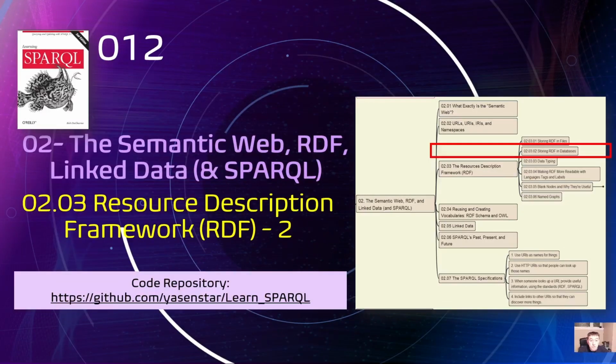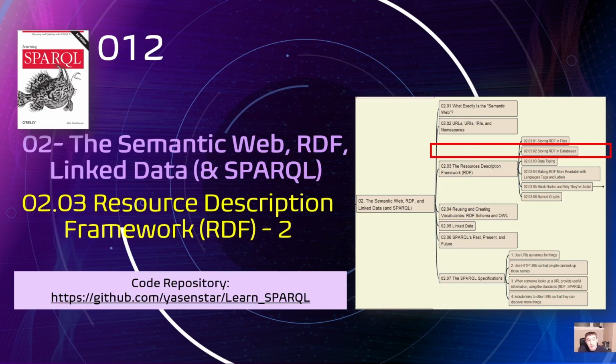Back. In this video we move to the second part of talking about RDF. In the earlier part, we talked about how you can store RDF in a file. File means some text stored in your operating system, no matter which OS you are using.